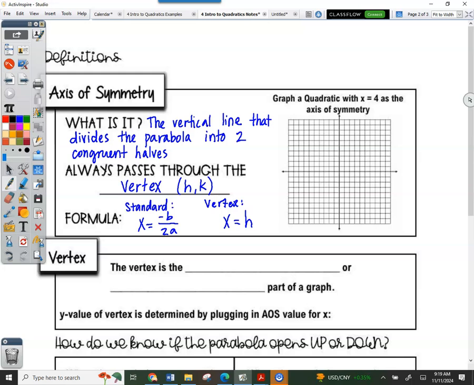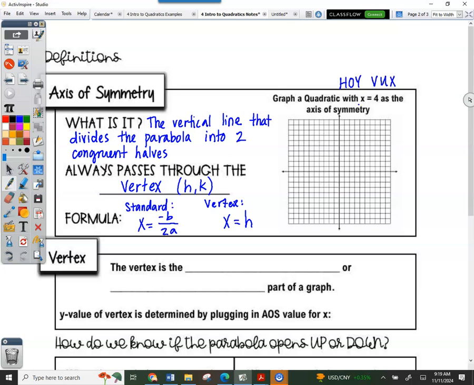Hoy-Vux comes back into play here. Do y'all remember Hoy-Vux from a few weeks ago? The acronym was to help you remember how to quickly draw a vertical or a horizontal line. It says graph a quadratic with x equals 4 as the axis of symmetry.